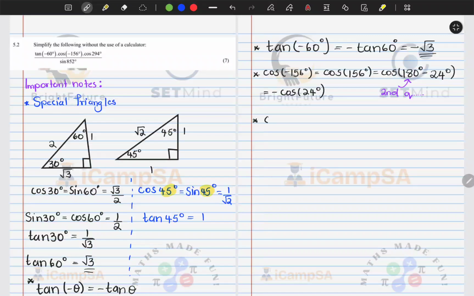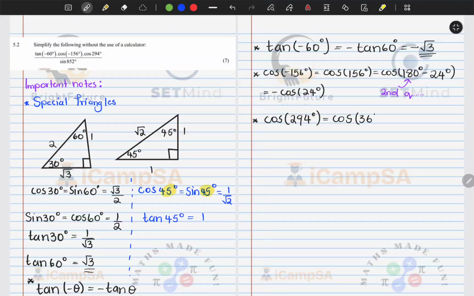Let's go for the next one, where we have cos of 294 degrees. So this here, I can see that it's just above 180, okay? Or it is just below 360. So what you can do is you can think 360 is the closest. So if you say 360 minus 294, you will see that you get 66.